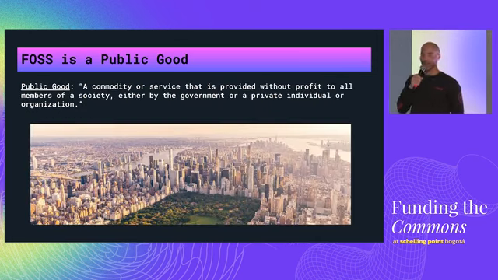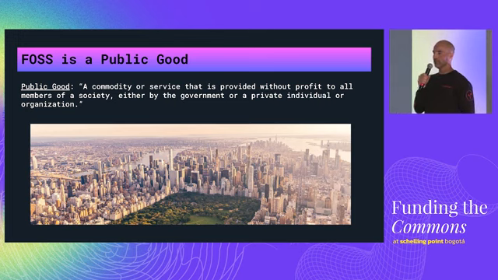As I hinted at a minute ago, the reason that we're so excited about FOSS is that, while there are some small disagreements about this, I think most economists and most people that have looked at FOSS feel like FOSS is a public good. I think it's one of the most interesting public goods when you look at how much the power of technology is gaining control over our lives. Evan talked a bit about this a few minutes ago, this idea of software eating the world.